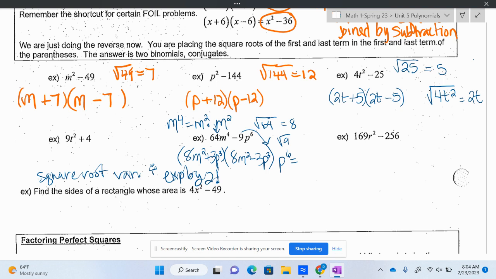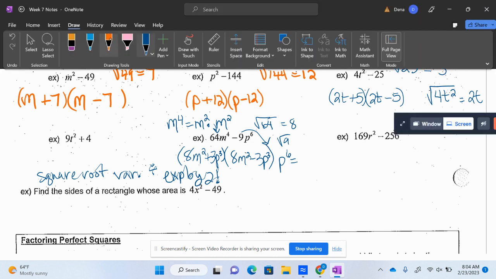So I'm going to freeze the screen, and I want you guys to do 9t squared plus 4 and 169r squared minus 256.